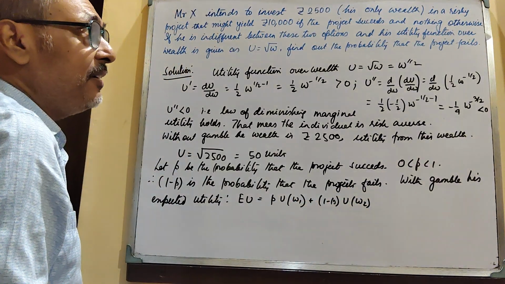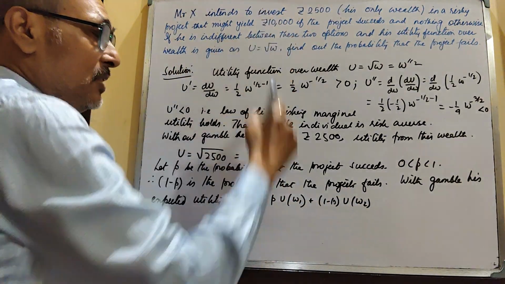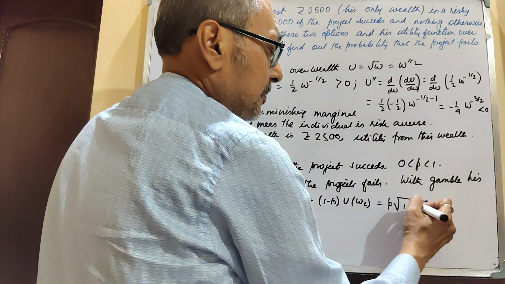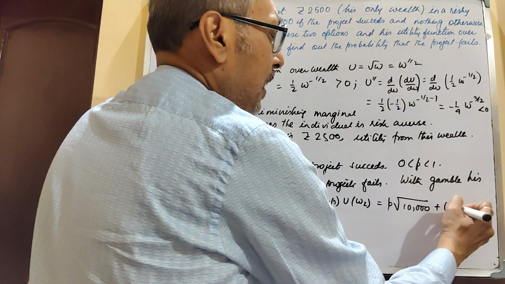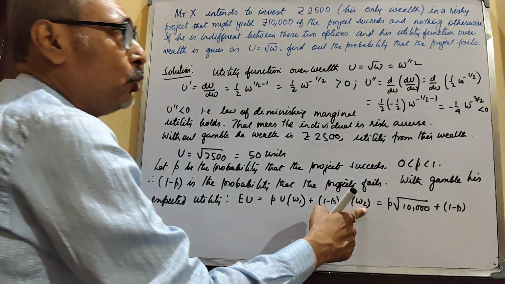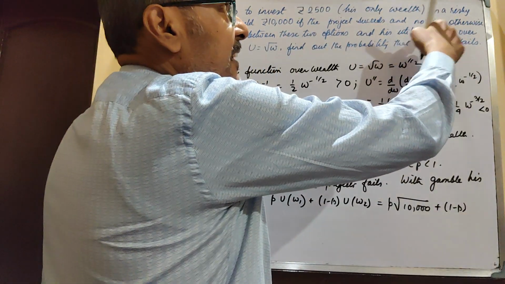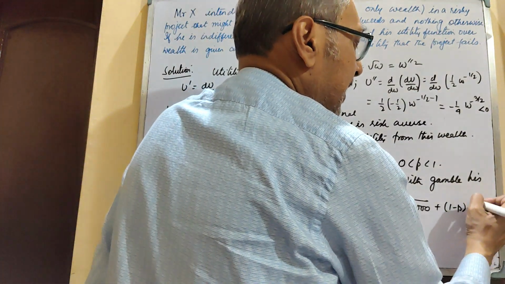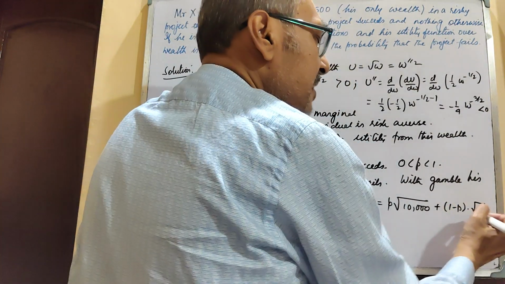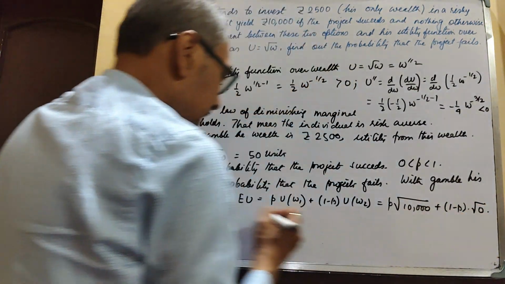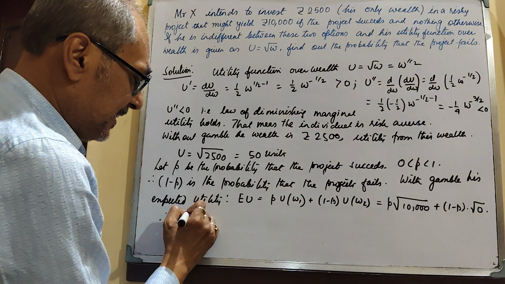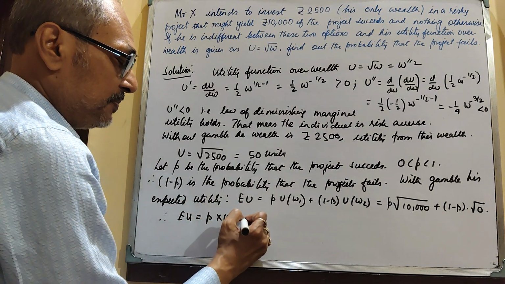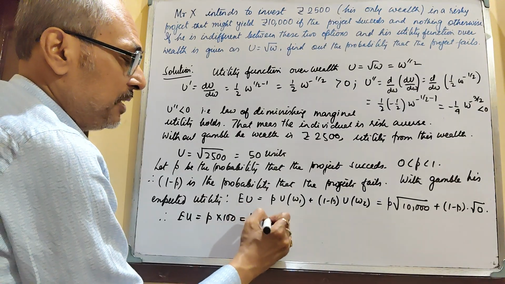Here W1 is 10,000, that is P under root 10,000 plus 1 minus P. Now W2 is nothing otherwise. Nothing otherwise means 0, that is under root 0. That means this portion becomes 0. Therefore, the expected utility is P into 100, or 100P.